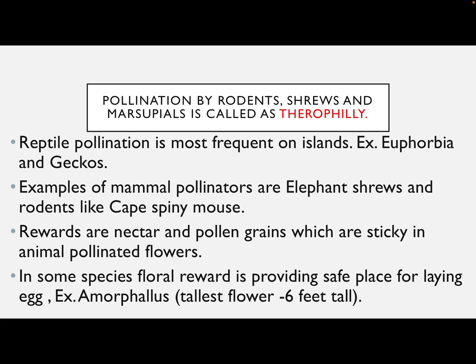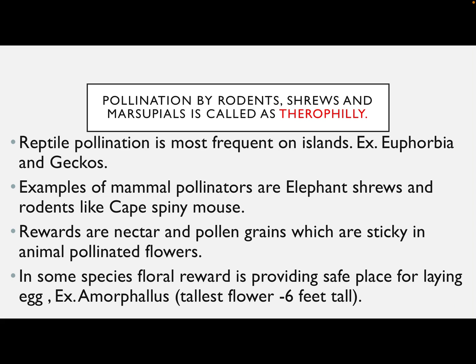Examples of mammal pollinators are elephant shrews and rodents like the Cape spiny mouse. These are examples. If it is given somewhere which rodent is used as pollinator, you can tell Cape spiny mouse, or which mammal can be used as pollinator, elephant shrews.